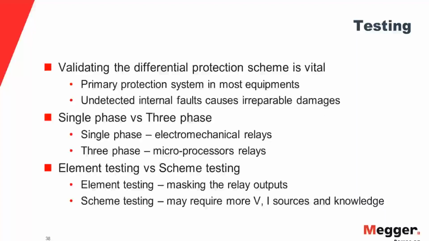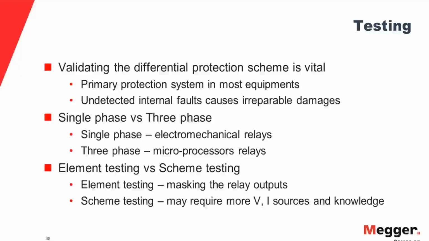So you need to validate the settings of the relay to make sure the relay operates for in-zone faults and it does not operate for out-of-zone faults. If the relay operates for an out-of-zone fault, then pretty much you are compromising the stability of the power system. You don't want to do that.